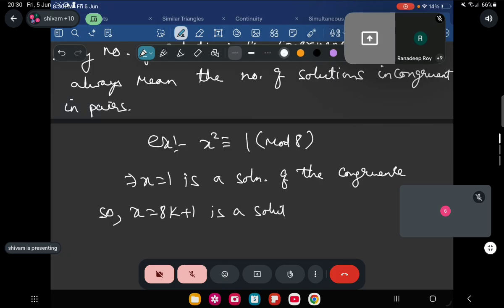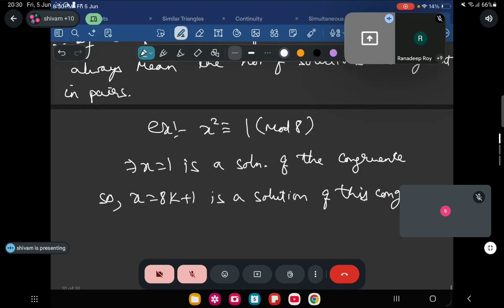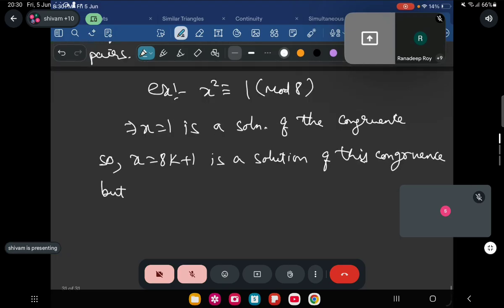But over here, is x equal to 3 also a solution? Substitute x equal to 3. Is x equal to 3 also a solution? Yes or no? Tell me. Yes, sir. x equal to 3 is also a solution.